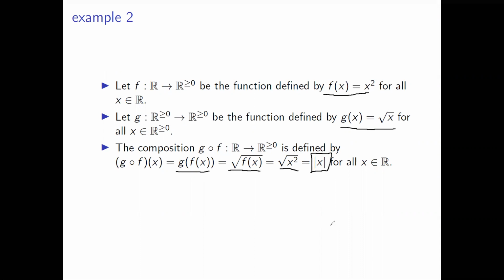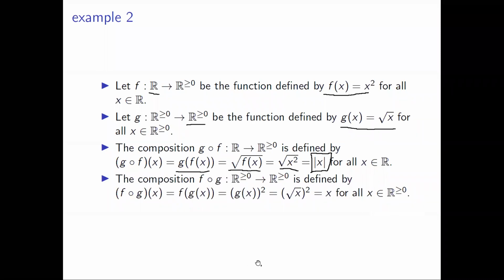So that's the composition of g and f. And this composition goes from the reals, the domain of f, to the non-negative reals, the codomain of g. Now what's interesting here is even though the codomain of g right here is different from the domain of f, we can still define the composition of f composed with g.